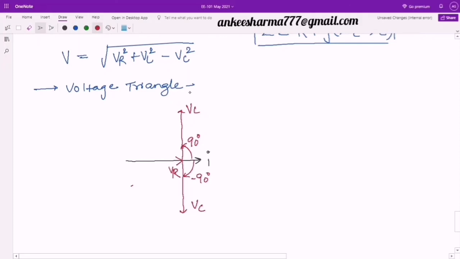It means definitely whatever the value of VL will be there, that will be subtracted by the value of VC. Or if I take the first case, where my VL is greater than VC, then definitely I will come to some value that is in the positive side. I assume this is that value, or I write here this value equal to VL minus VC.